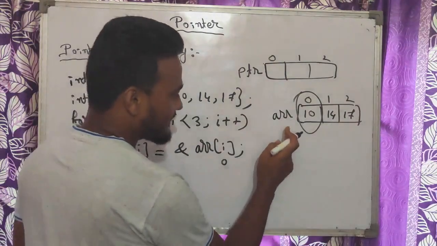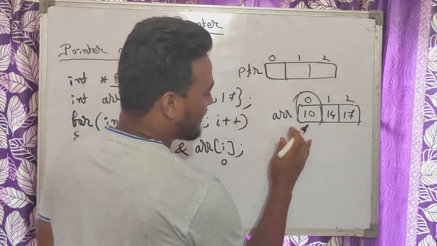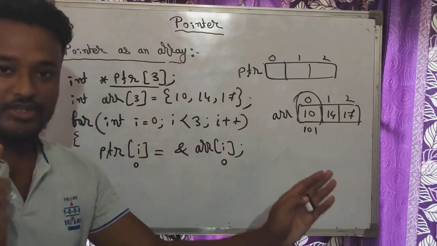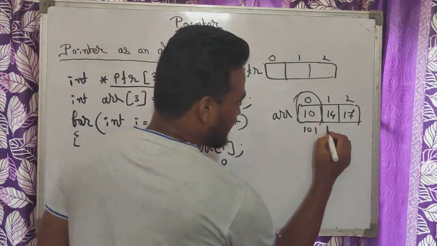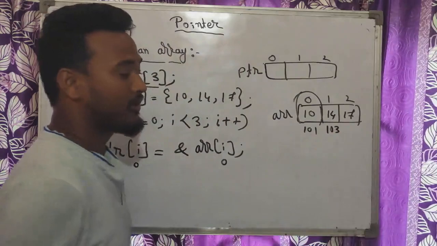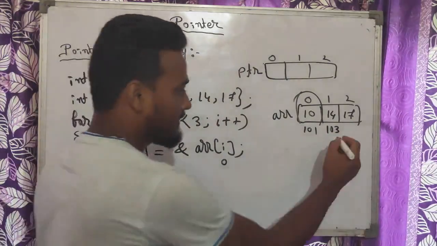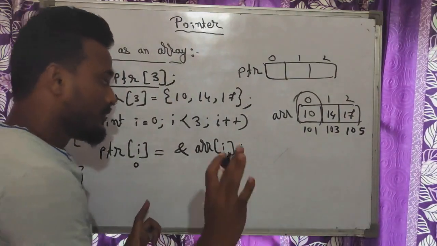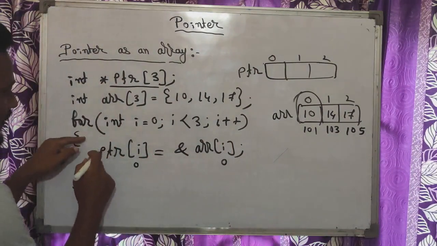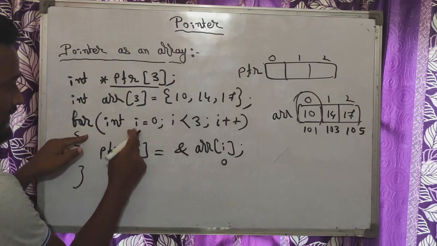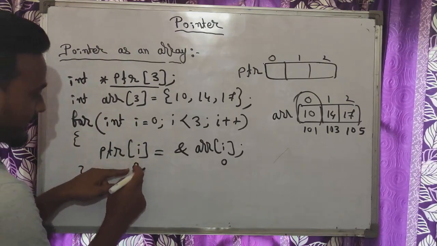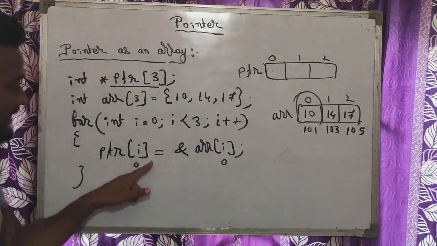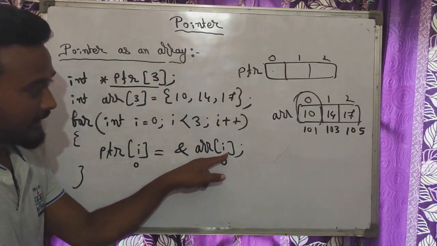Let's say this array element has memory address 101. Let's assume 14 has the memory address 103, and then 17 has 105. So the first time the loop runs, when I value is 0, ptr[0], we are talking about this one, equal to ampersand arr[i].